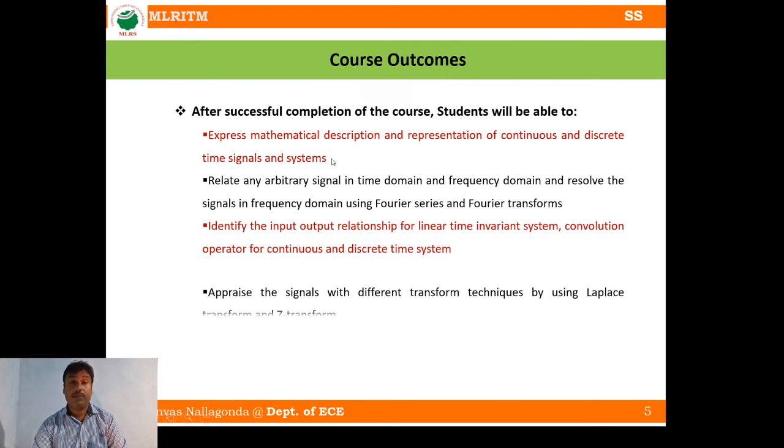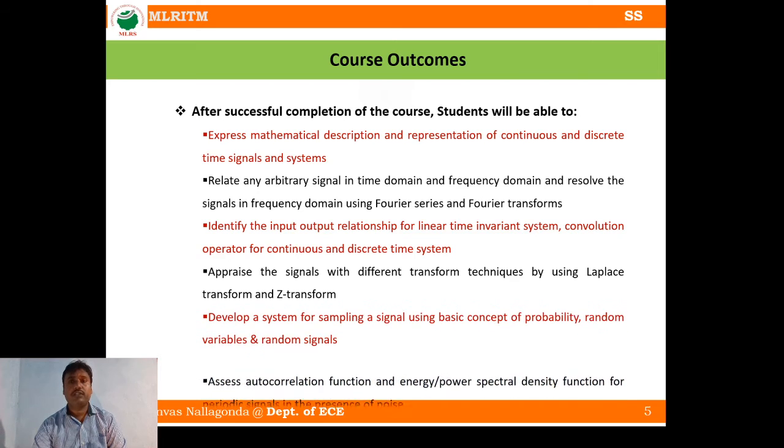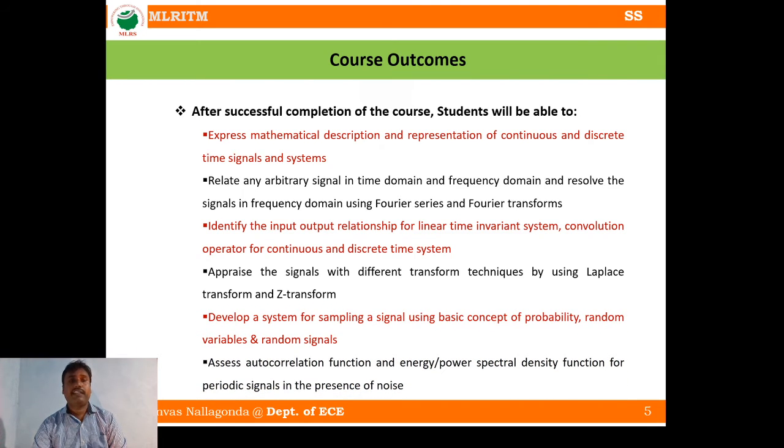And the course outcomes. After successful completion of this course, the students will be able to express mathematical description and representation of continuous and discrete time signals and systems. They can easily relate any arbitrary signal in time domain and frequency domain, and resolve signals in frequency domain using Fourier series and Fourier transforms. They can identify the input-output relationship for a linear time invariant system.